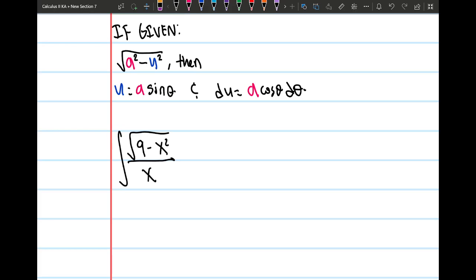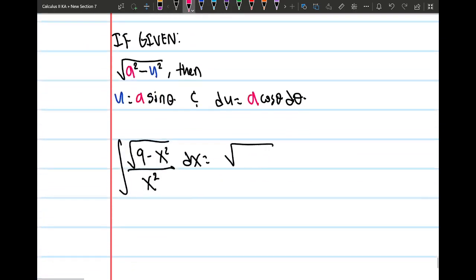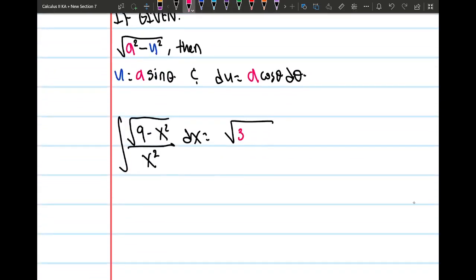This is equal to the square root of 3 squared minus x squared, over x squared on the bottom. So we have something along the lines of this, right?